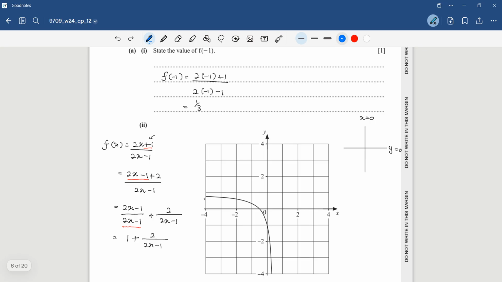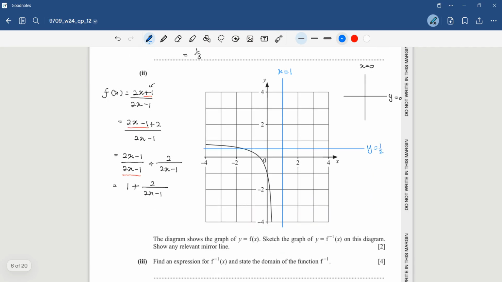Maybe I just draw a bit higher so it's easy for me to draw. And similarly x equal to 1 will be the asymptote. Okay, so it intersects at somewhere around this point and here, so the intersection points are here and here. So it should be something like this.